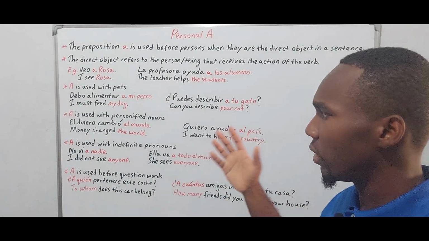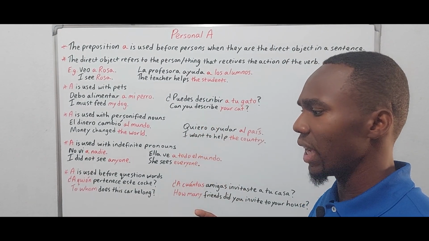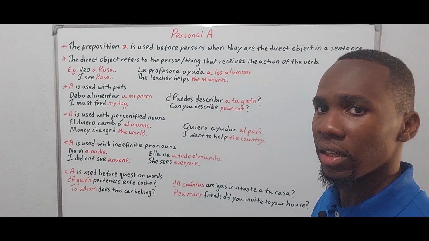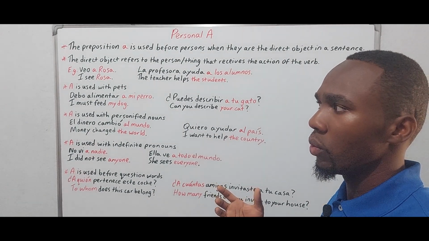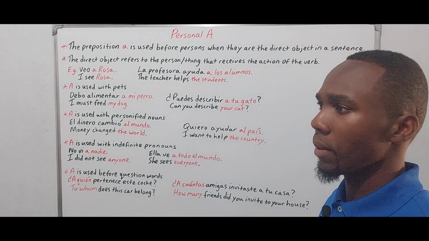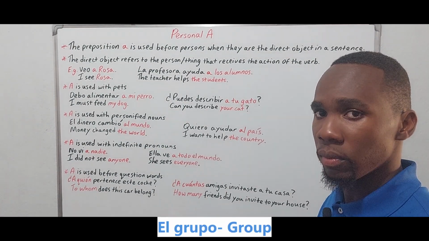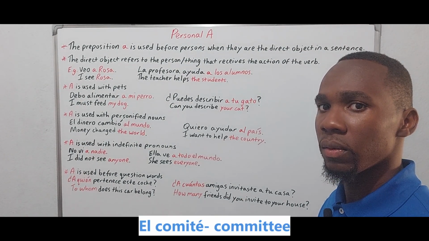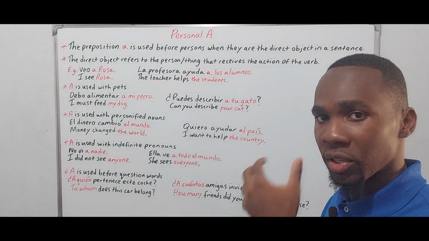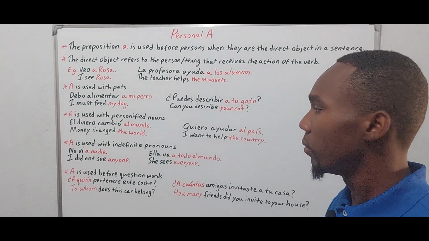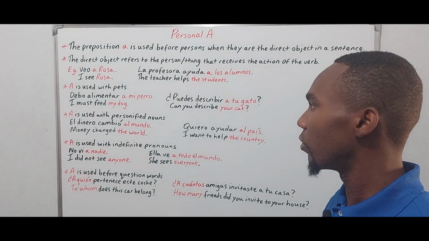And any noun which can refer to persons, whether directly or indirectly, we use the personal a with those nouns. For example, grupo, a group, right? El comité, committee, right? So once we're talking about persons, we use the personal a. That's right.